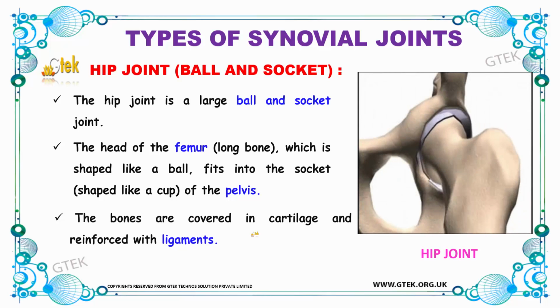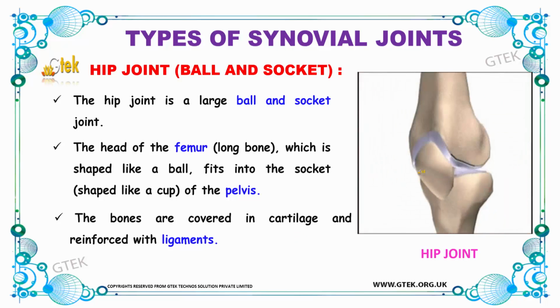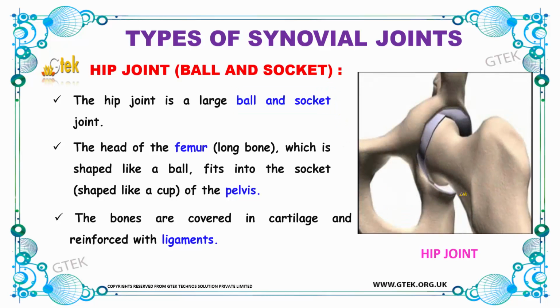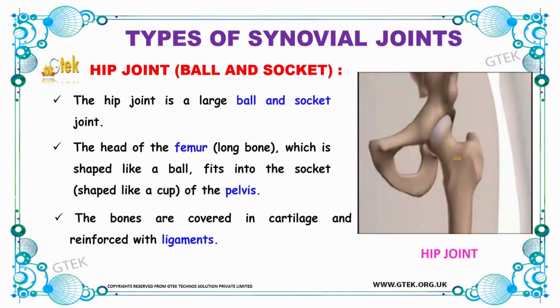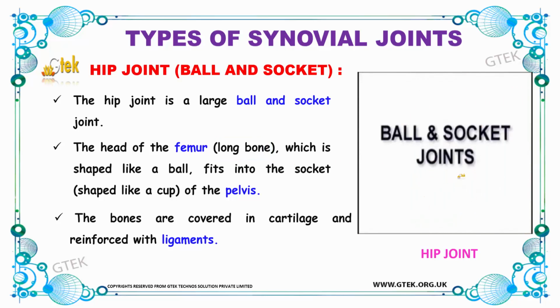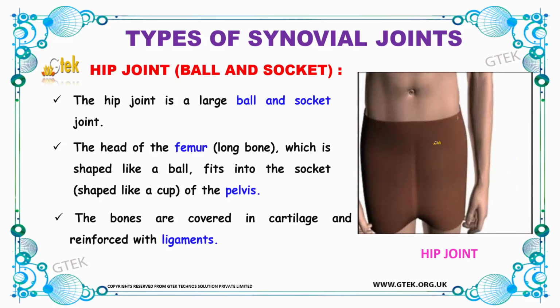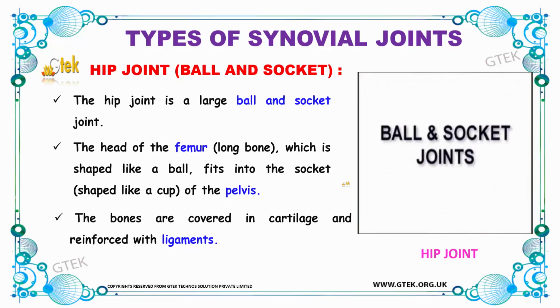In your hip, if you see, the hip joint is the largest ball and socket joint in your body. So the head of the femur, that is your thigh bone, which is the longest bone, is shaped like a ball, and it fits into the socket, which is shaped like a cup, of the pelvis.